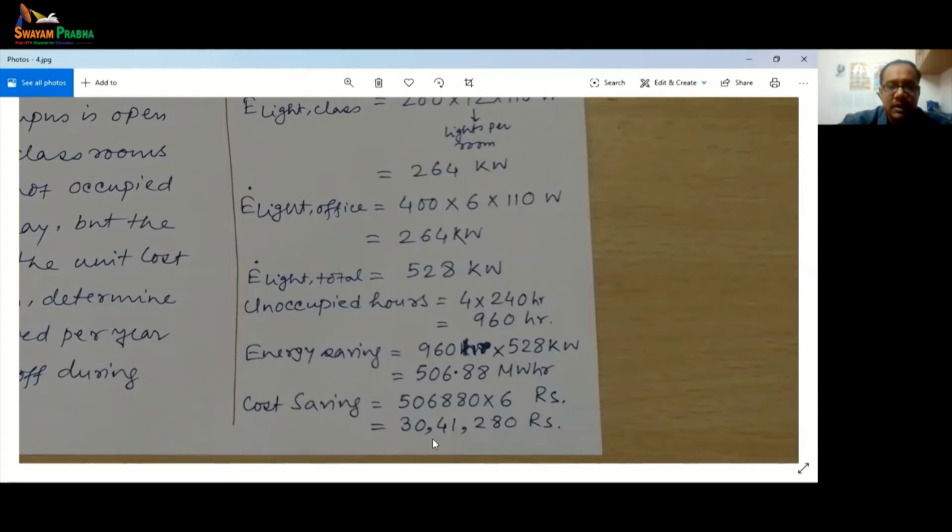So just imagine the scale of money per year we are wasting because of this casual attitude towards energy saving. If you can save this 30 lakh, your university tuition fee will effectively come down. So you have a selfish motive as well.